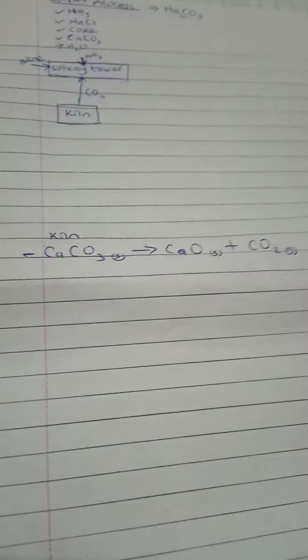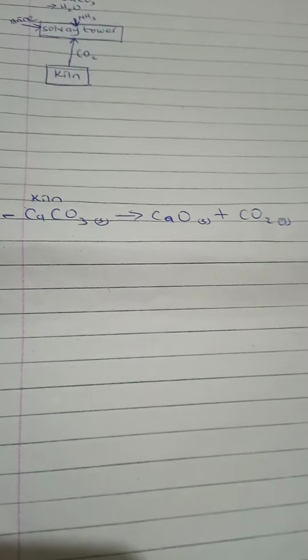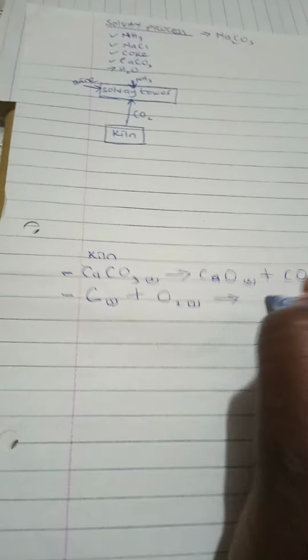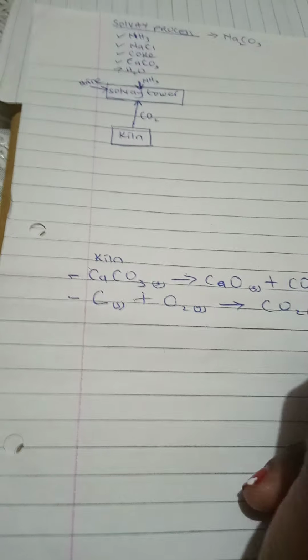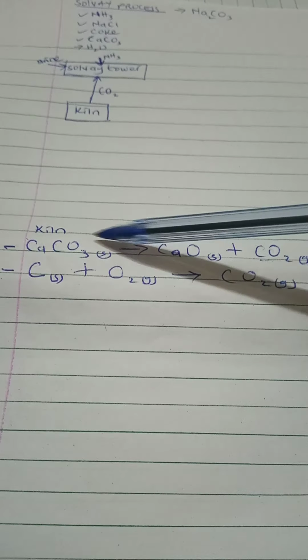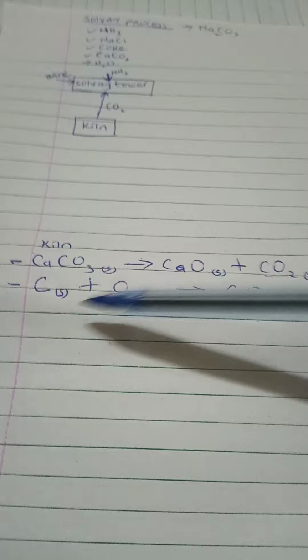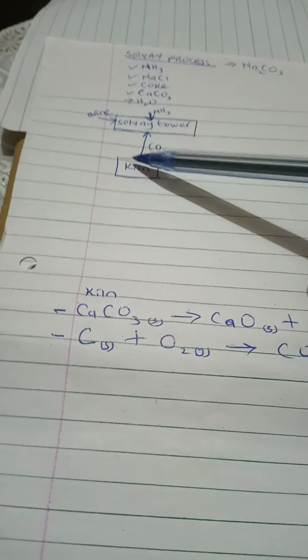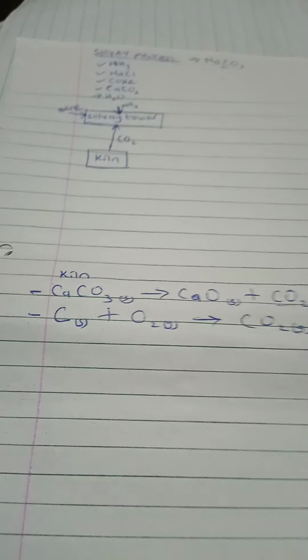And then another reaction which will take place at the kiln, we have the burning of the coke. Coke is carbon. So we have coke with oxygen gas to give us the carbon dioxide gas. So the carbon dioxide produced here from the decomposition of the calcium carbonate and the burning of the coke will be the one taken to the Solvay tower.